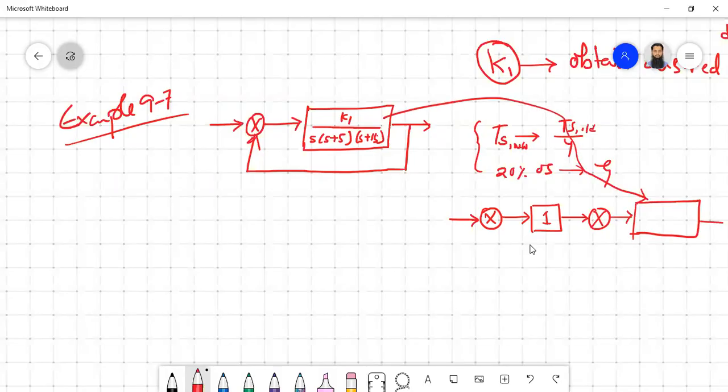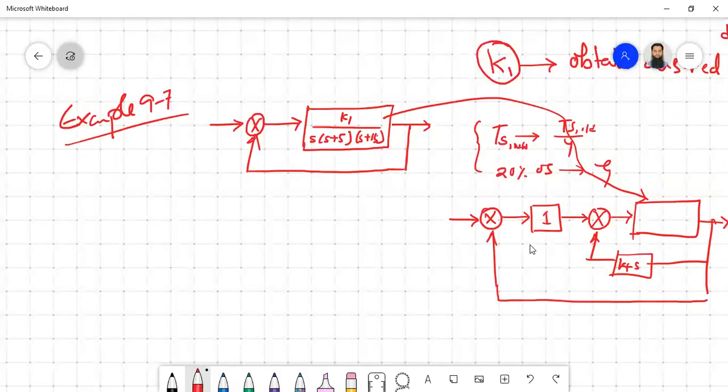Then you have rate feedback, that is Kfs, and unity feedback. So this is how you have to do it.